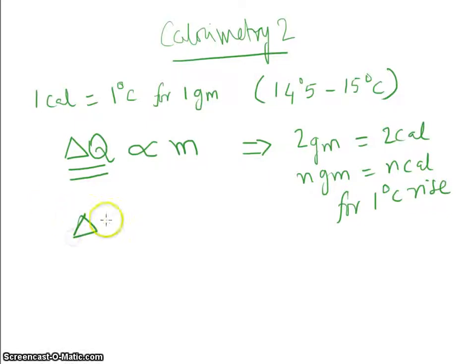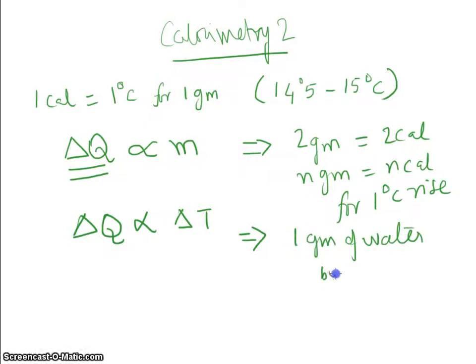Now delta Q is directly proportional to delta T as well, which means that if I want to increase the temperature of 1 gram of water by 1 degree Celsius, then I need to give 1 calorie.